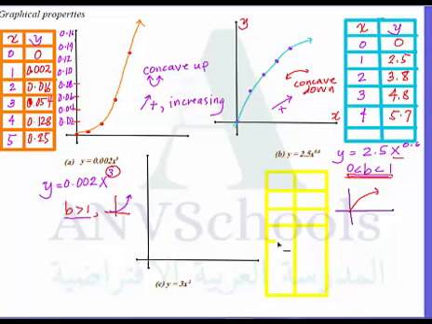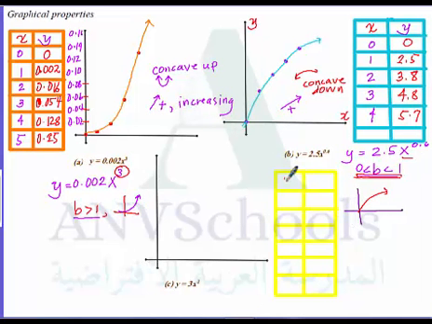So this is my table, and this will give me my x and y values. So this is my column for my x, and this is my column for my y. And having the same values of x, let us have 0 to 4: 0, 1, 2, 3, 4. So from 0 to 4, let us examine what the value of y is.